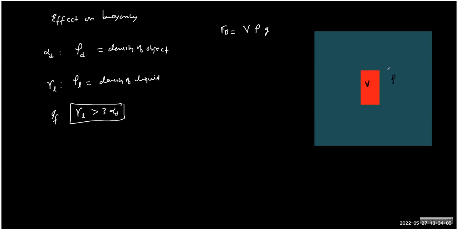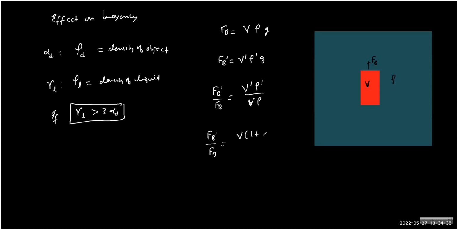I hope you are getting the main rho, and the buoyant force is like this. So the buoyant force is how much? V rho G. So now the new buoyant force will be how much? New volume and new density. So the new buoyant force upon the old buoyant force equals how much? V dash rho dash upon V rho. Let's write the formula, the new upon old.